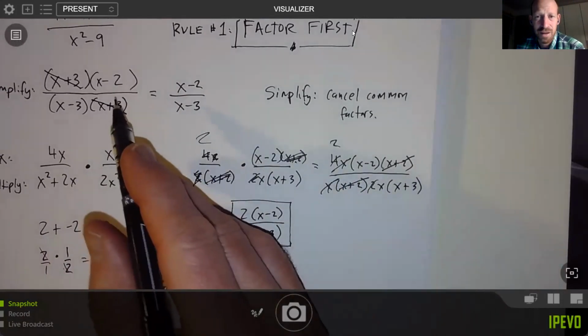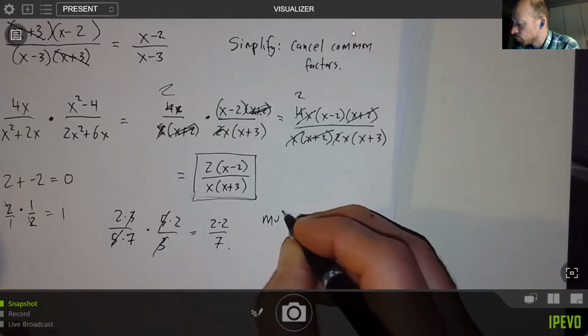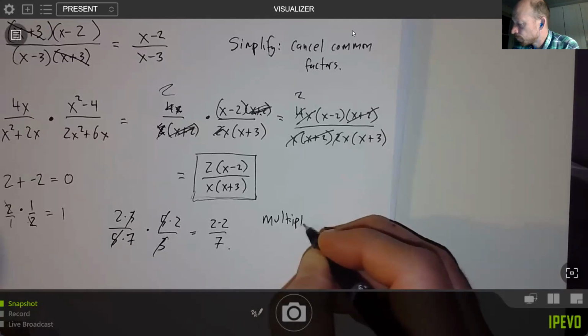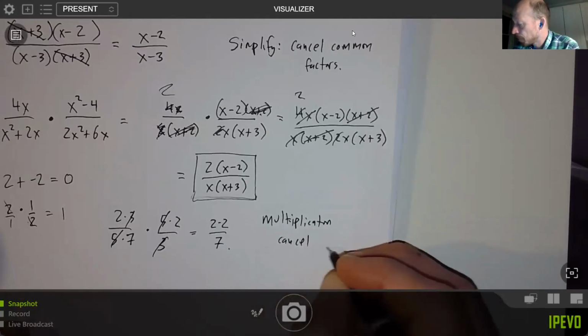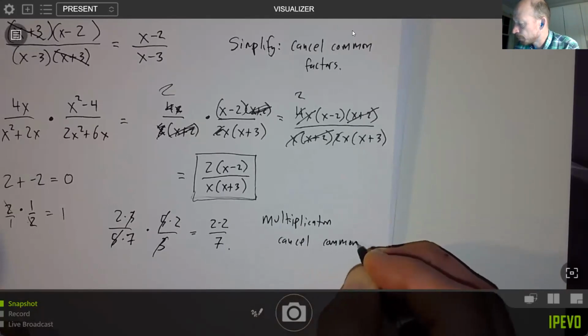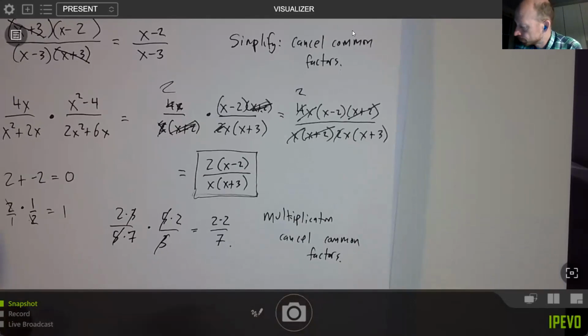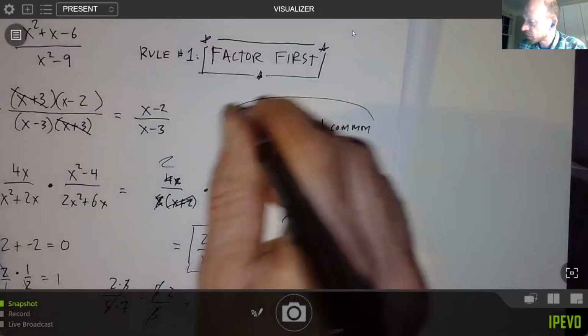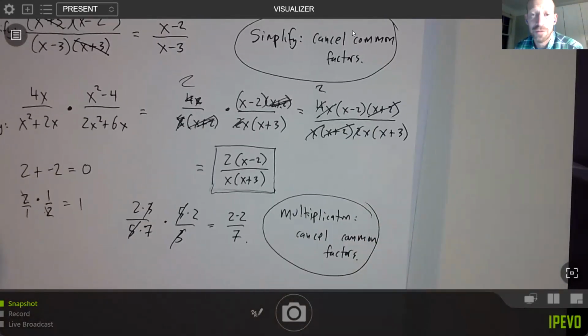I'm canceling the same factors between the top and the bottom. So I like to group multiplication as really the same goal here. So to simplify, I was canceling common factors. And really, when I do multiplication, I'm also canceling common factors.